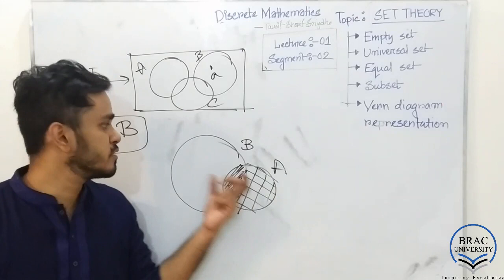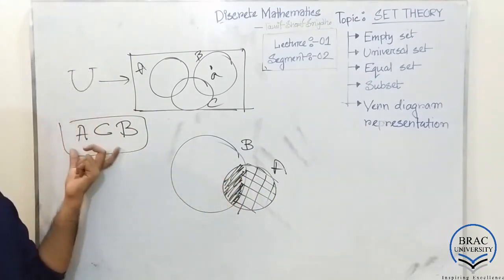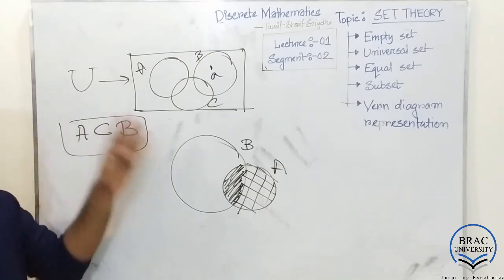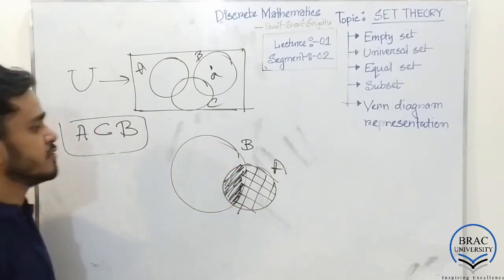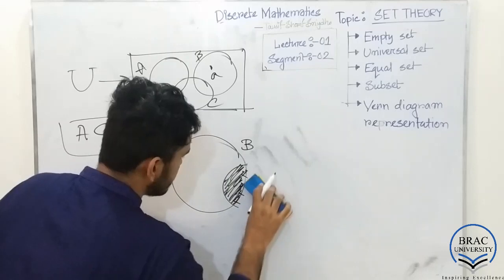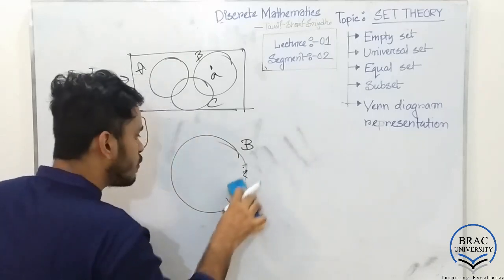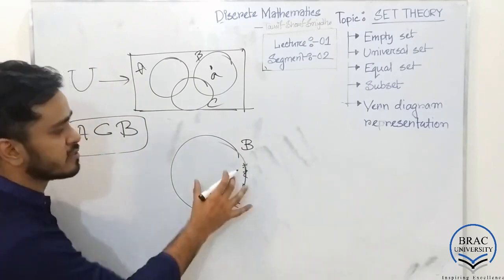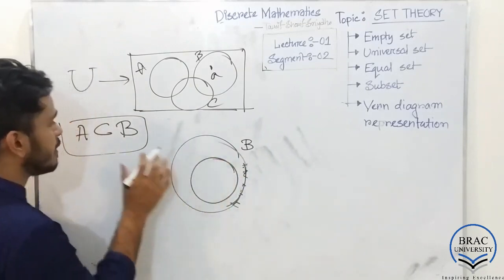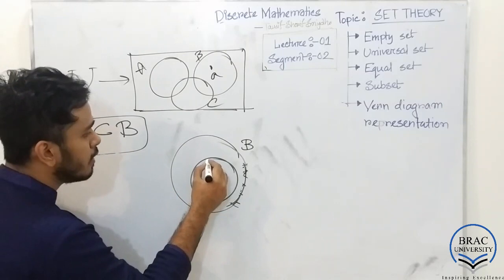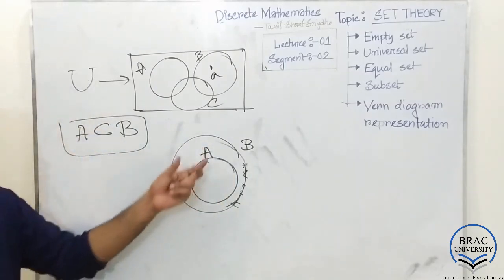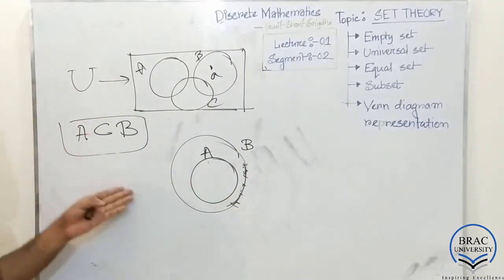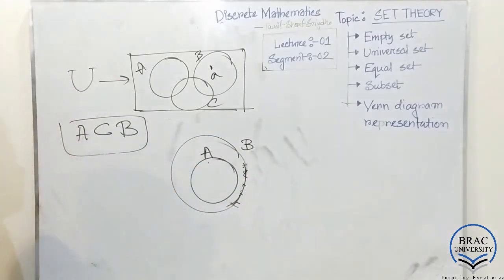These elements stay outside of B. But since according to the statement A is a subset of B, no elements of A can stand outside circle B. So we understand that A cannot be outside circle B and A cannot intersect circle B. So the subset A must lie inside the circle B. Okay, this is how we express two subsets, right?